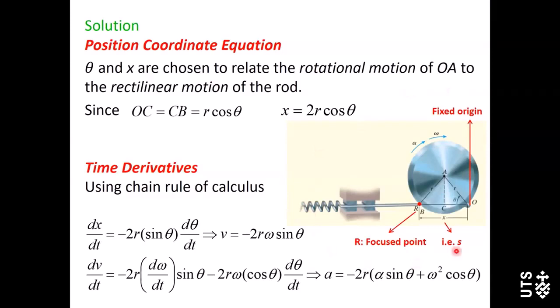Okay, look at this problem. I can define the fixed origin at point O. I can define a positive direction along x direction. For my convenience, this positive direction along x direction is to the left side.